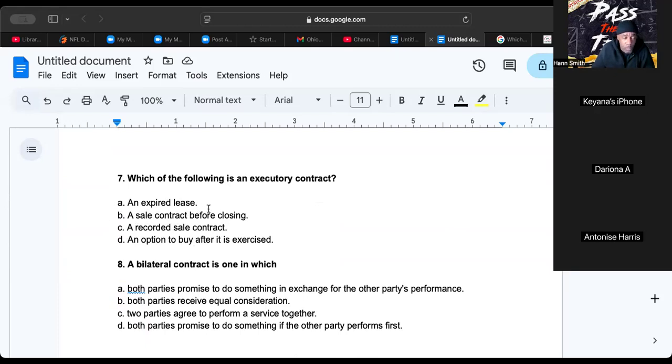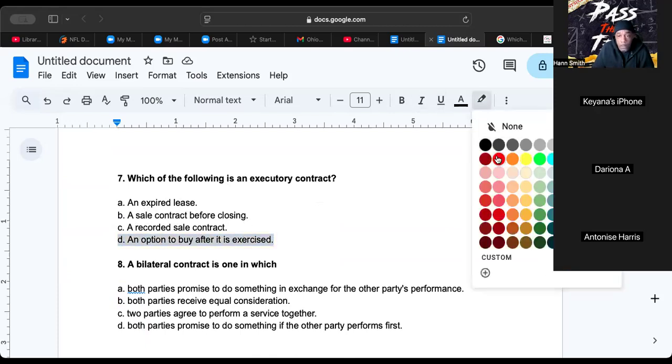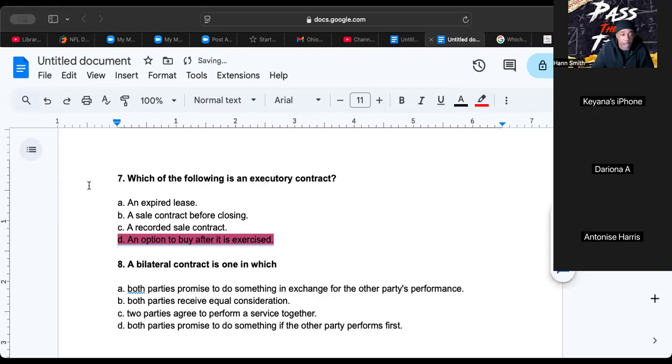All right. So I am going to get rid of this one. So you ladies get rid of one more. A. All right. Okay.